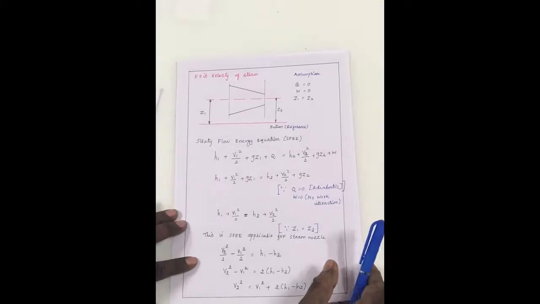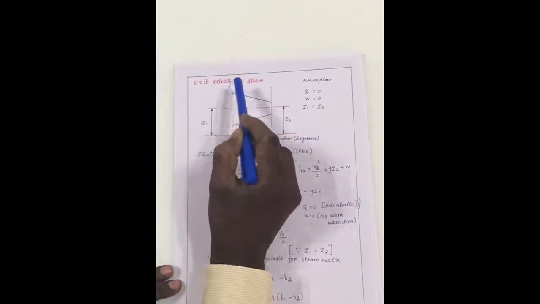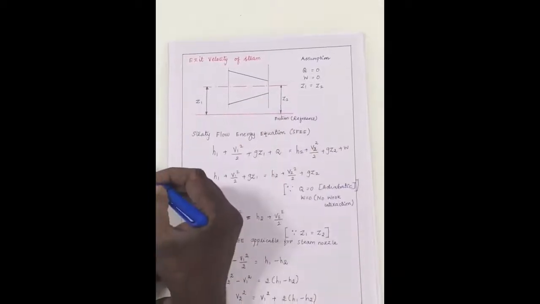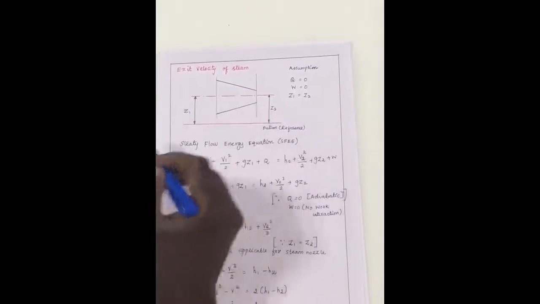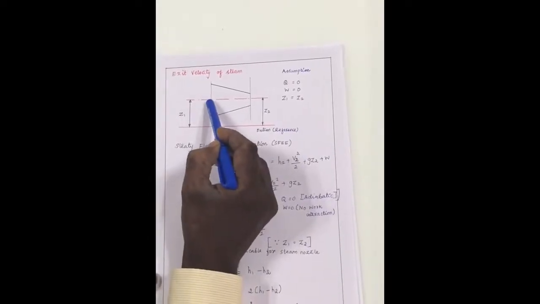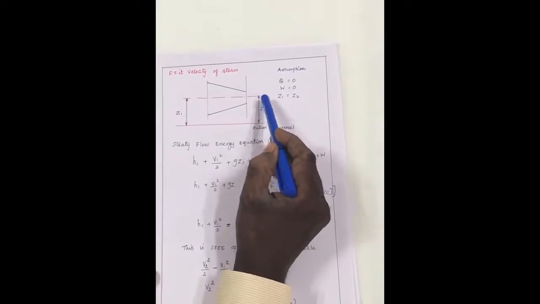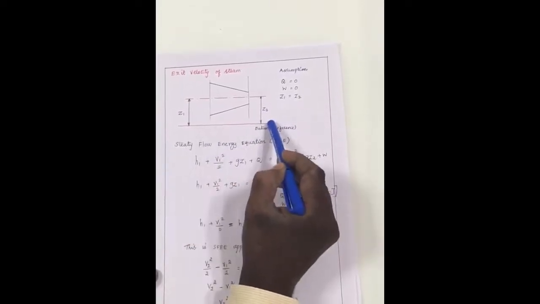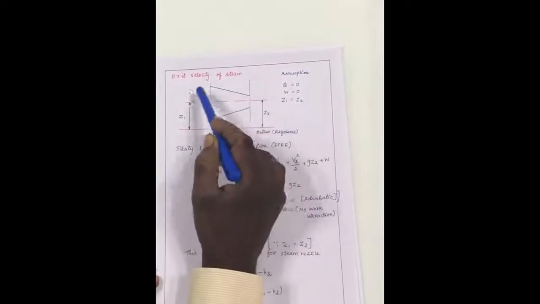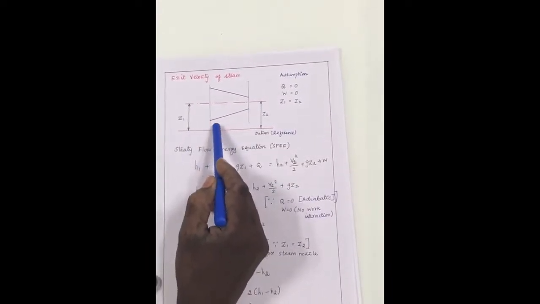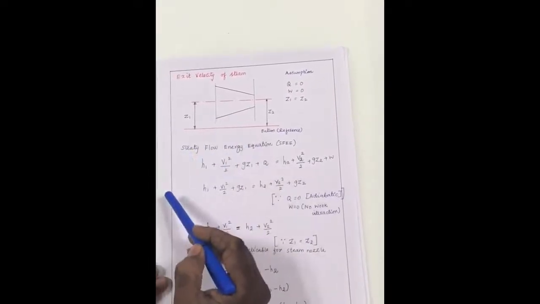Next we are going to derive the exit velocity of steam in a nozzle. For that, consider a convergent nozzle. The entry height is Z1 and the exit height from the reference is Z2. It is an open system, so we can apply the steady flow energy equation to the nozzle.